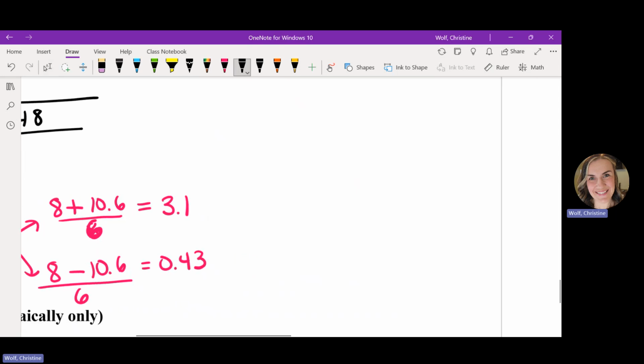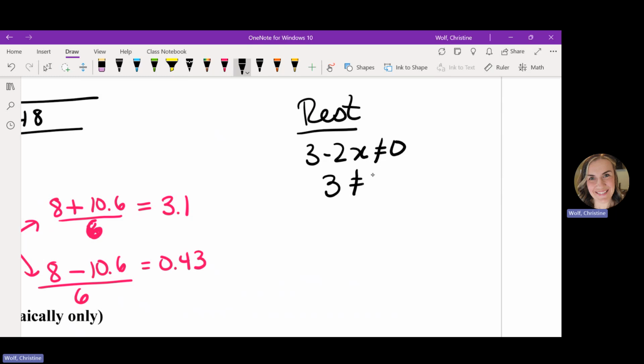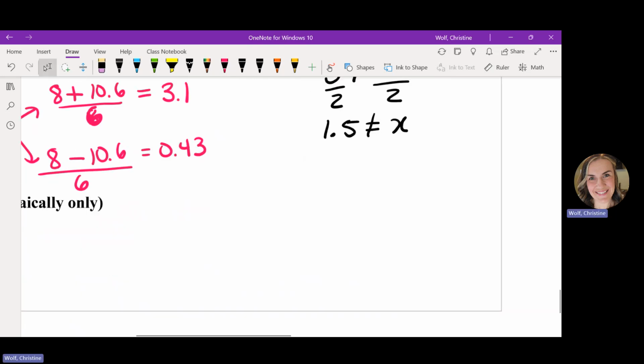Restrictions come from 3 minus 2x not being allowed to be 0. I'm going to send the 2 over just to make it positive. Divide by 2, divide by 2. So the only value x is not allowed to be is 1.5. Neither of my values are 1.5.